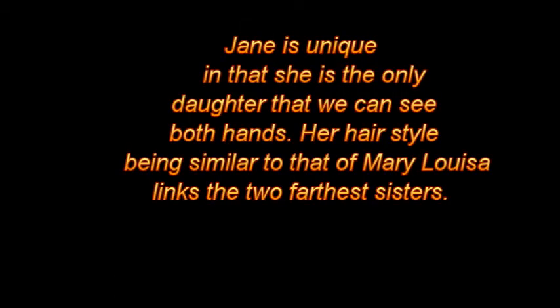Jane is unique in that she is the only daughter of whom we can see both hands. Her hairstyle being similar to that of Mary Louisa links the two farthest sisters.